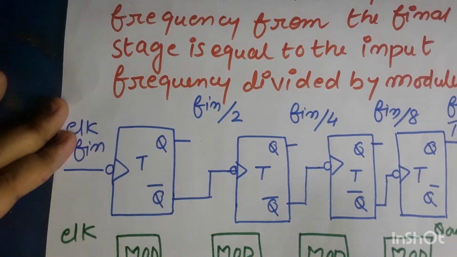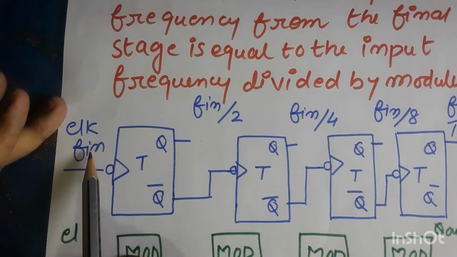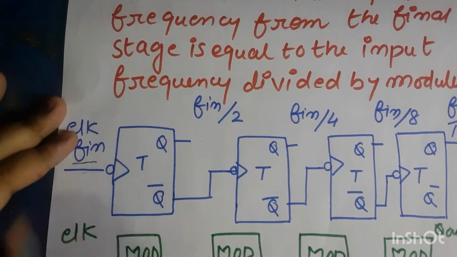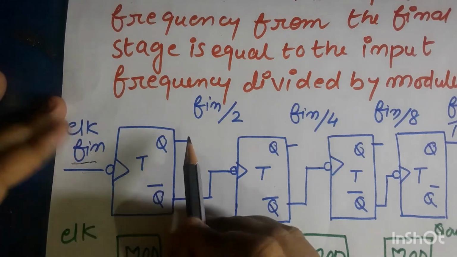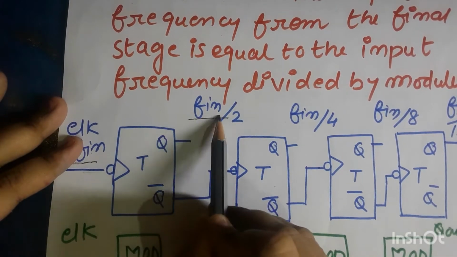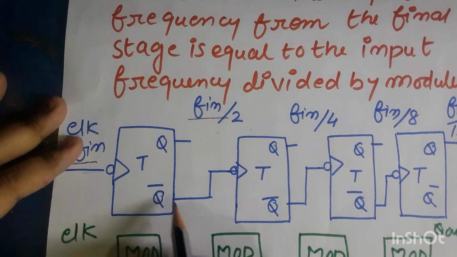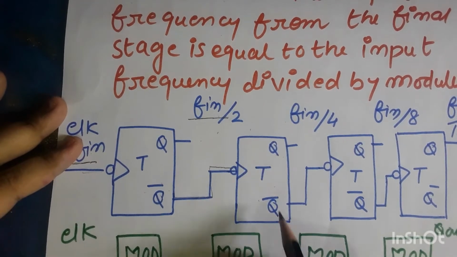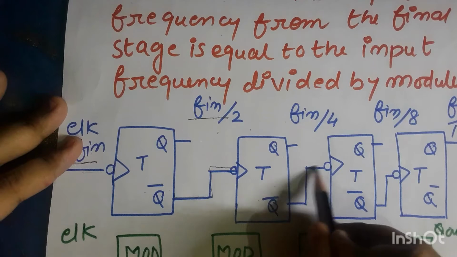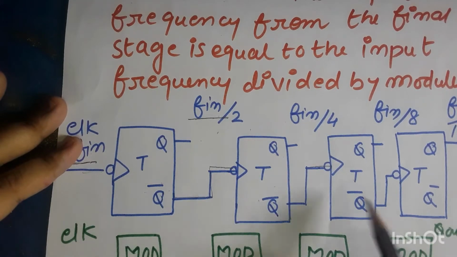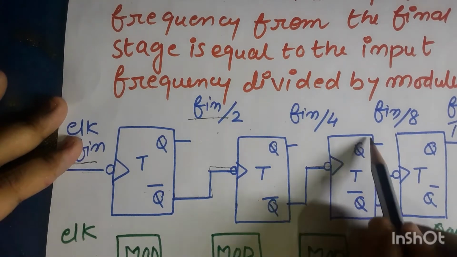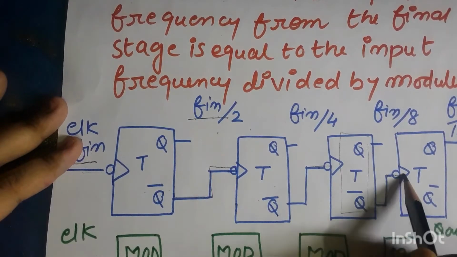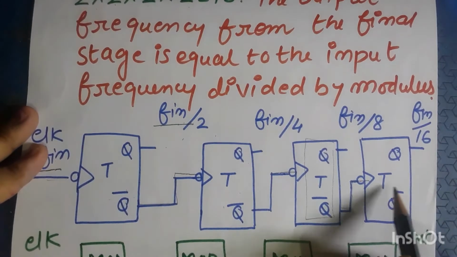Here are the 4 flip-flops. This is the input clock frequency. The first stage divides it by 2, so it is clock frequency divided by 2. The Q dash output will go to the negative clock input of the next T flip-flop, which will also give Q dash, and the output frequency of that flip-flop will go to the negative input of the following T flip-flop.